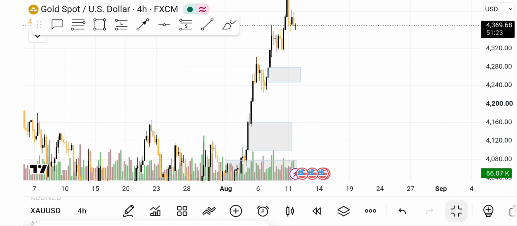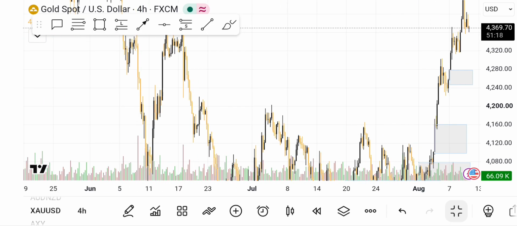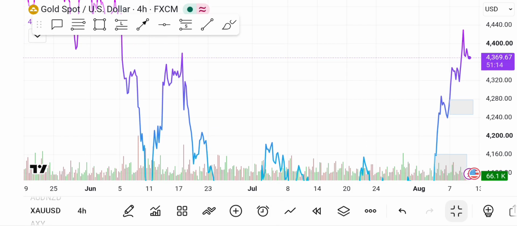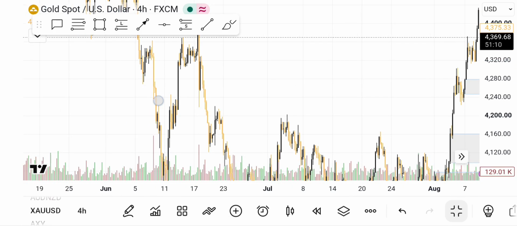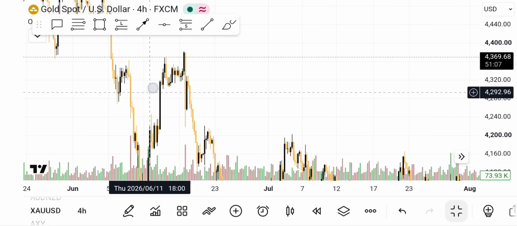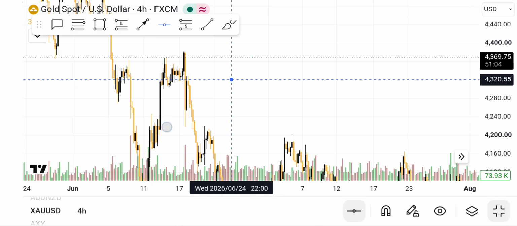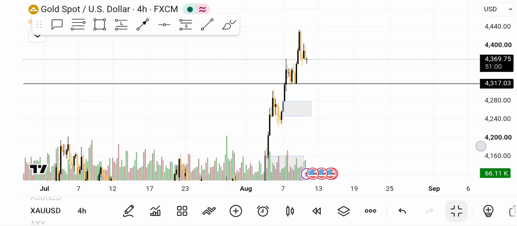So another thing is to look to the left and search for another buy zone, a previous sell zone. So going here, this is a previous sell zone. I use this horizontal line to identify it.